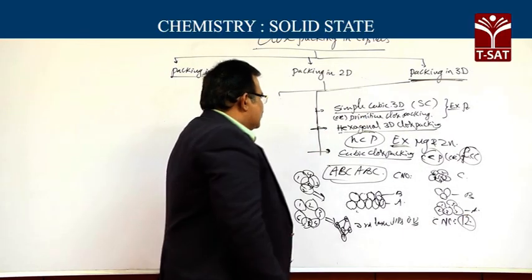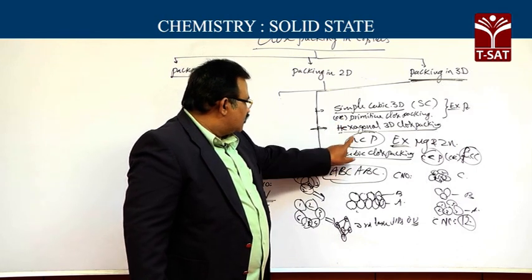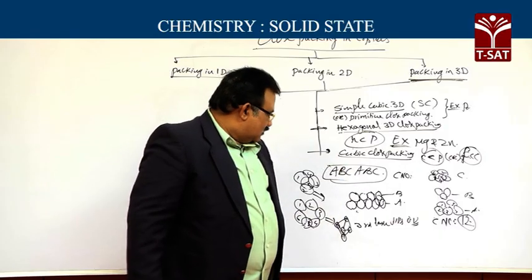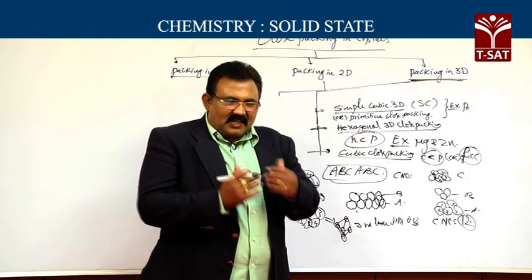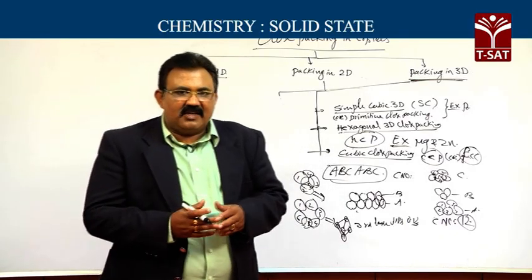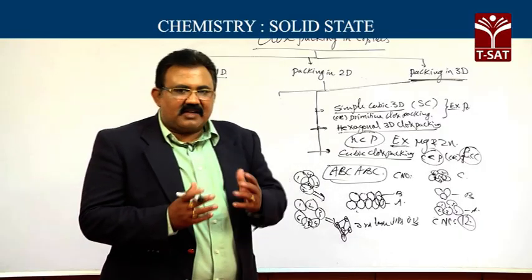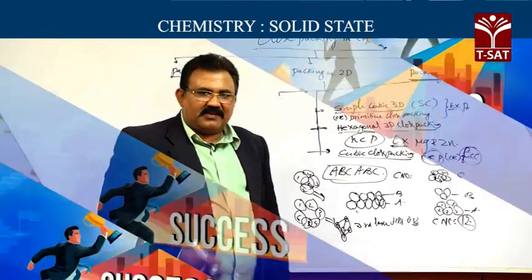Coordination number 12 for HCP, coordination number 12 for FCC or CCP. So, for the better understanding of the students, I will give you some slideshow on this. Observe carefully. While watching the slideshow, I will give some more explanation.